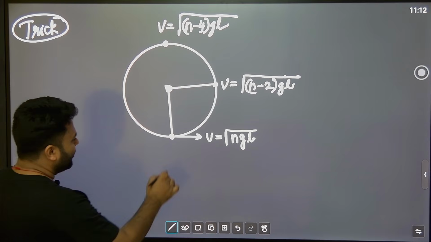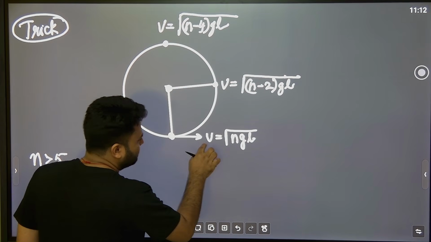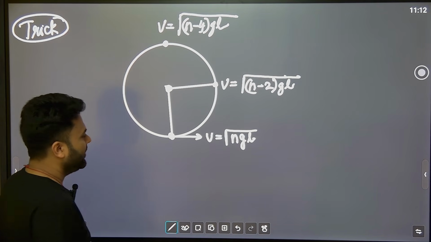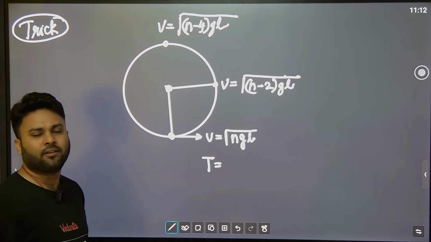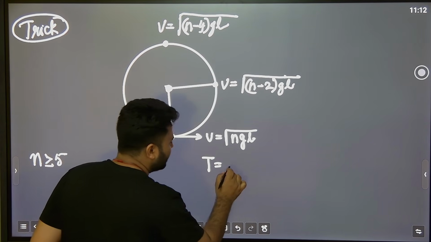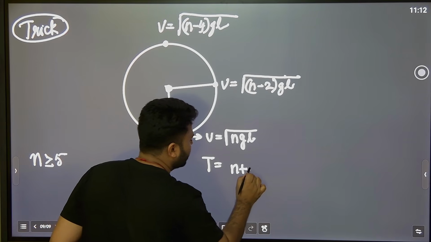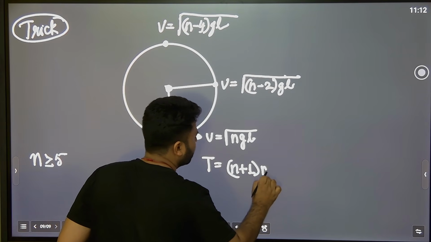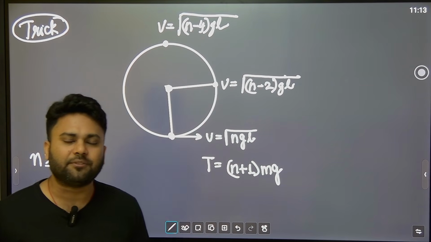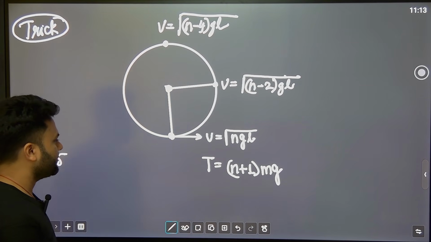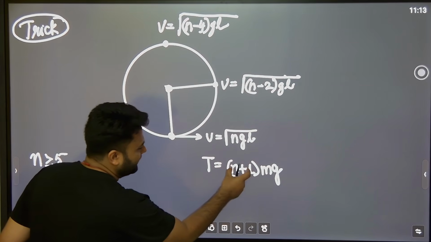They ask tension also. If the speed is under root nGL, what is the tension here? See, if it is n, you write n plus 1 mg. The tension at the bottom will be n plus 1 mg. Now you subtract 3 from this term.